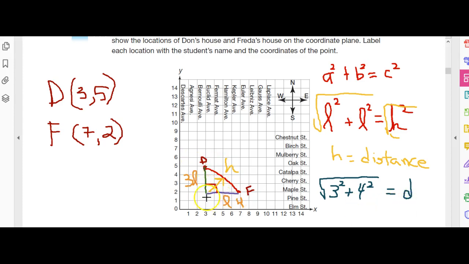So this right here, I didn't know any of this stuff before. I just knew the 2 points, right? I just knew D and F. And then I wanted to find the distance between them, and I made this right triangle. See, I just drew it out. Okay? Now, how did I know this was 3? What did I do to measure this as 3?